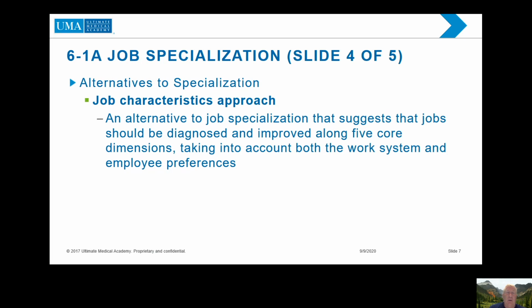Another alternative to specialization is the job characteristics approach. It suggests that jobs should be diagnosed and improved along 5 core dimensions, taking into account both the work system and employee preferences.